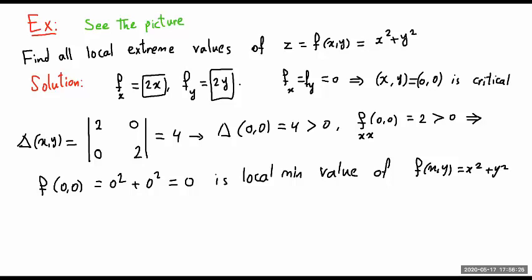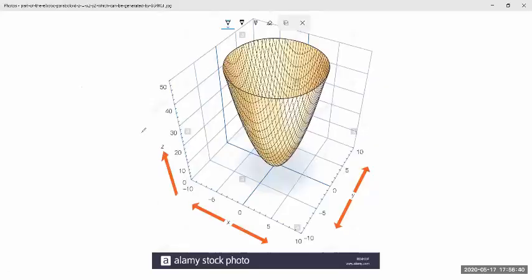Let's see the picture of the graph or the surface of the function. So here you can see the surface of the function z equal x power 2 plus y power 2.